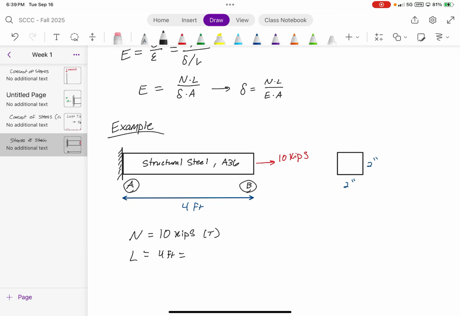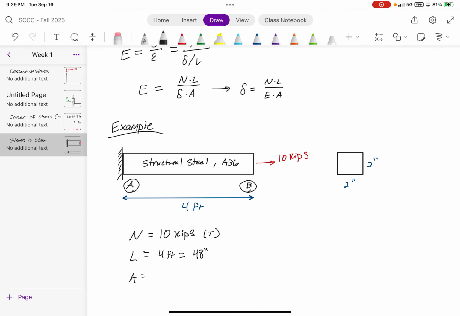But whenever we're dealing with these problems, we're always dealing with very small deformations within a certain limit. That's the assumption for this elastic region. So it's usually better to convert everything in terms of the smallest unit. So the length, we can say, is 48 inches. What about the area?